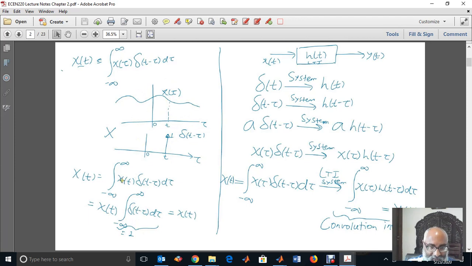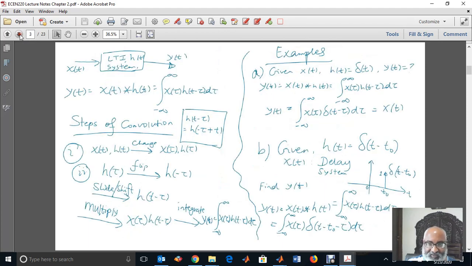So it will be x of t, then x of t will come out of the integration. Then the integration of this impulse is equal to 1. Then it will give me x of t. So x of t is equal to x of t. Okay, so this is the shifting property that we discussed, right? So this is the first example.